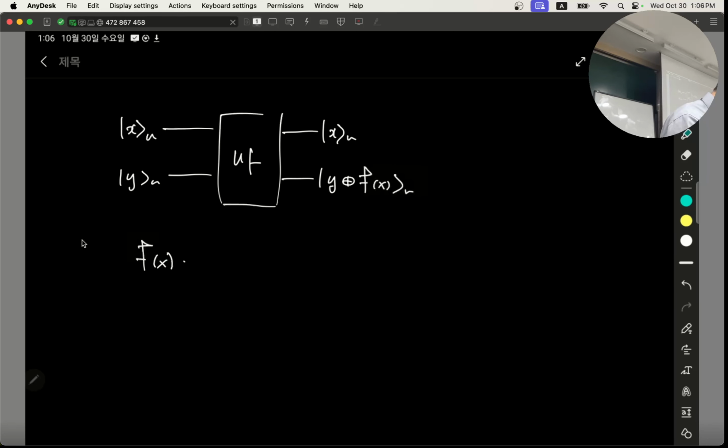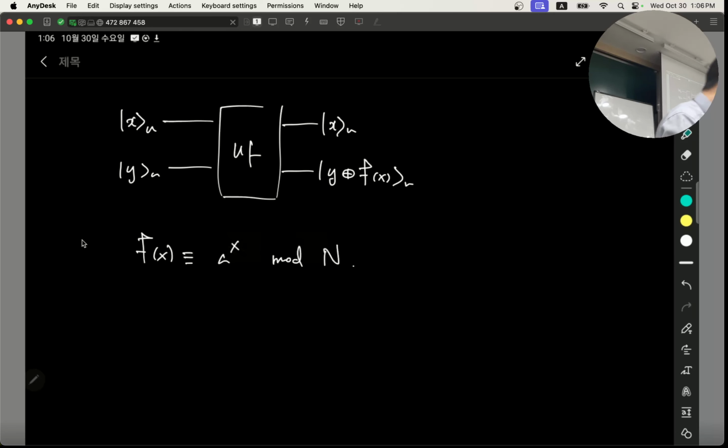And what does this oracle say? It's the modulo, sorry, it's a to the x mod n, where a is not 0 or 1.